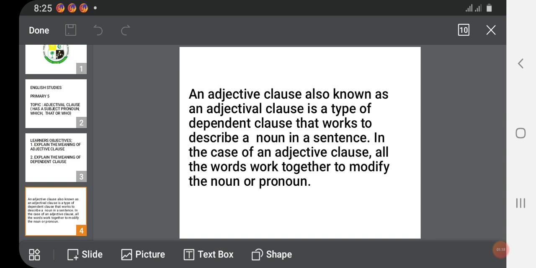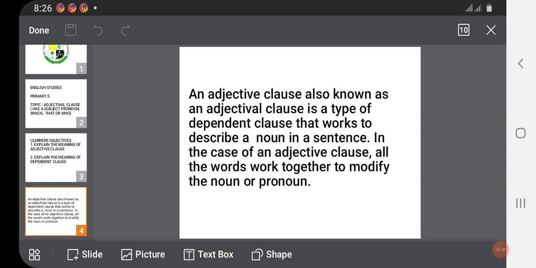Can you give me an example of a naming word? Table. Yes, correct. Your adjectival clause also modifies the noun or your pronoun. Is that taken?